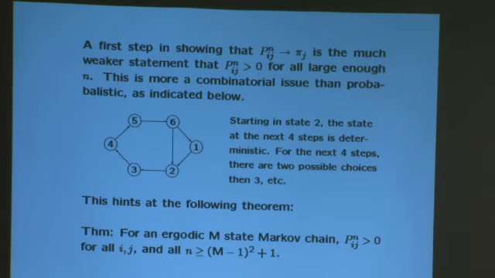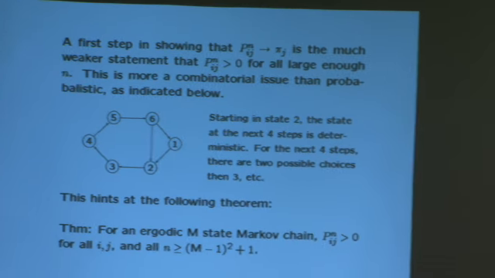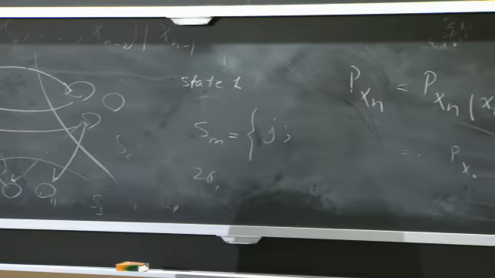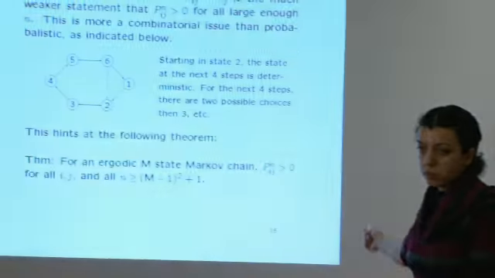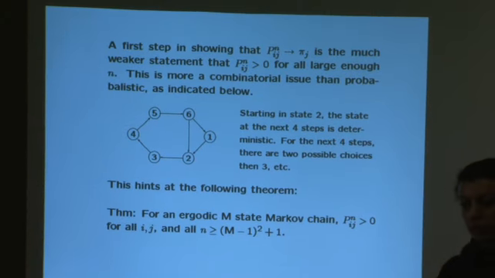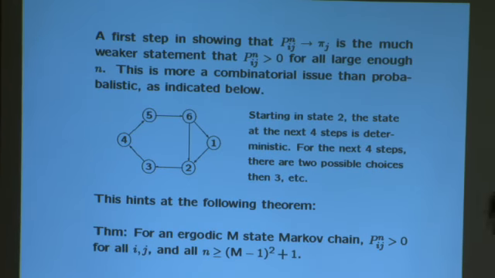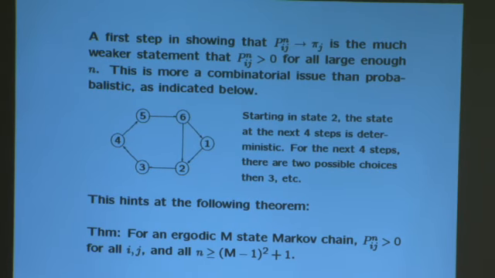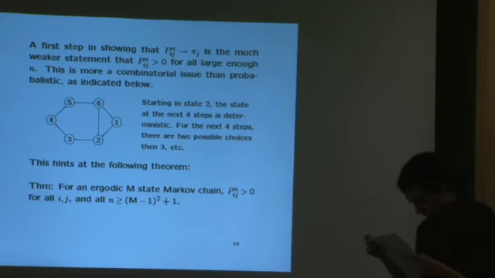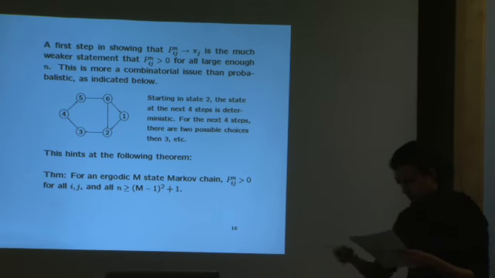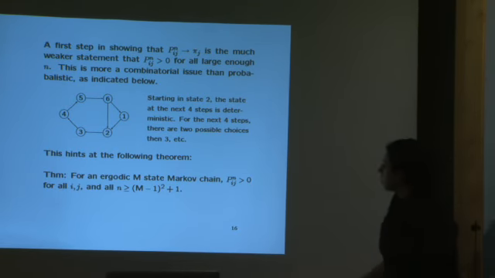But I can go from 1 to 1 in 26, 27, 28, 29, 30. So for n greater than (n minus 1) squared plus 1, I can go from any state to any state. I think this bound is tight for state 4. Okay, sorry, maybe what I said was true for state 4.